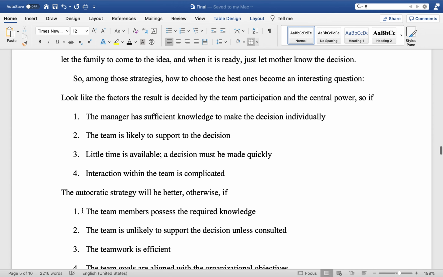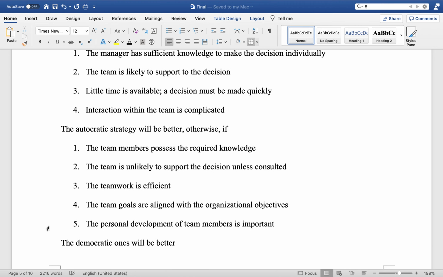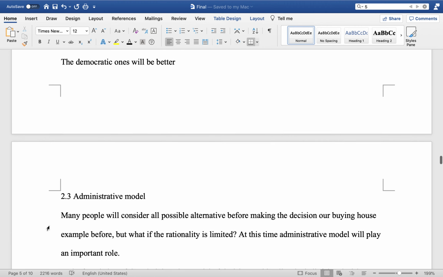And if you choose to give the central power to the manager to make the decision, the manager must have sufficient knowledge and the team is likely to support the decision. And if you choose team participation, the team members need to possess the required knowledge, and the teamwork must be efficient.